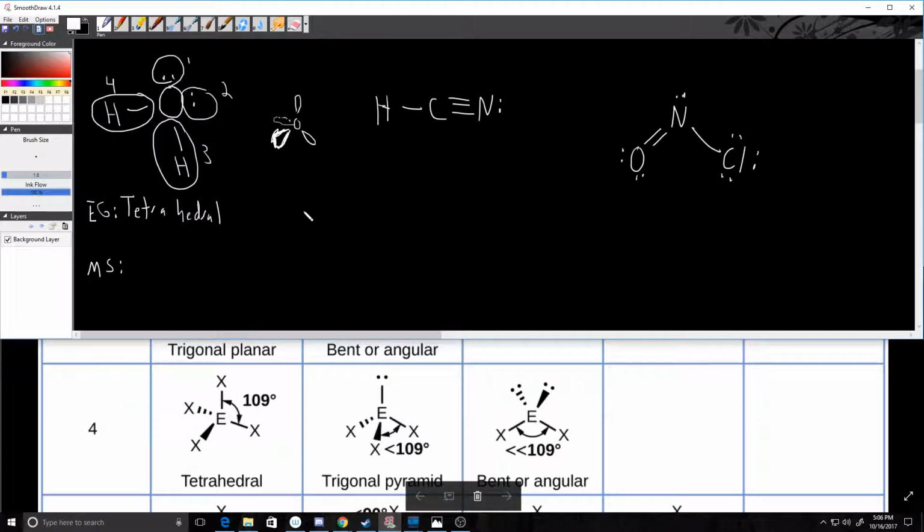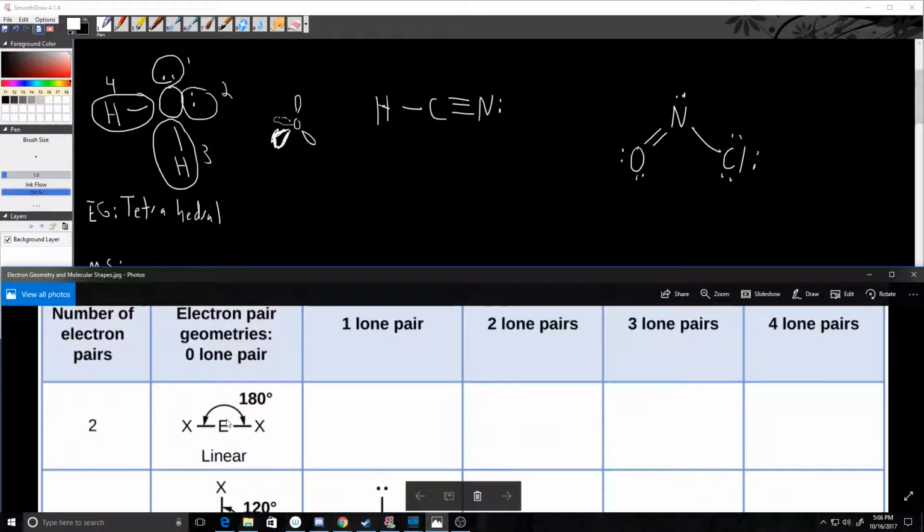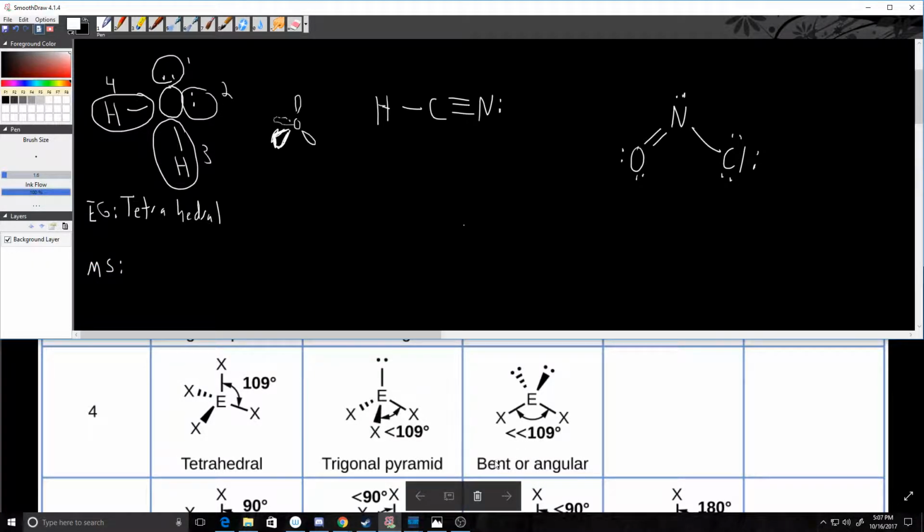All right, for the molecular shape, we're only looking at the nuclei themselves. So if I come back here, I know I'm at 4 electron groups. Out of those 4 electron groups, two of them are lone pairs. So I need 4 electron groups, 2 lone pairs. Here's my 4 electron groups, my 2 lone pairs are here. My molecular shape in this case is bent or angular.